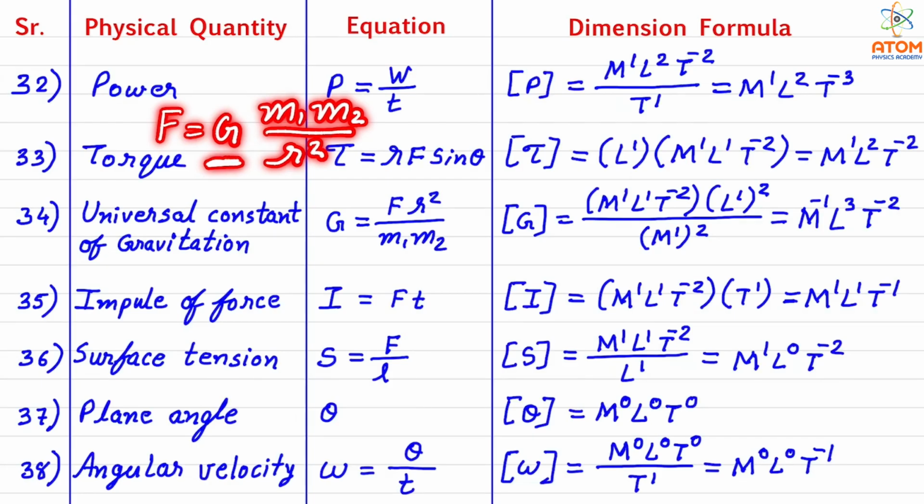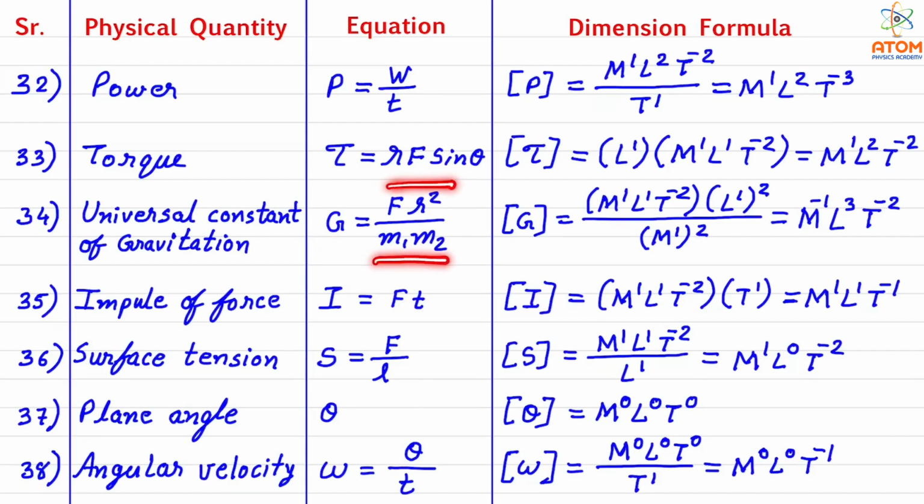So we want to write the dimension formula of capital G. First you have to make this capital G the subject. So G will be equal to F R square upon M1 M2.